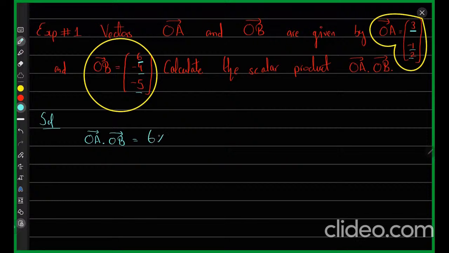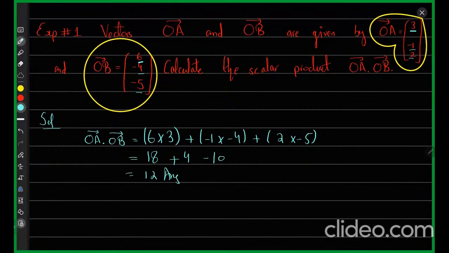So 6 multiplied by 3 plus minus 1 multiplied by minus 4 plus 2 multiplied by minus 5. So this is going to give you 18 plus 4 minus 10, and this would be 12. So 12 is going to be the dot product of the two vectors.